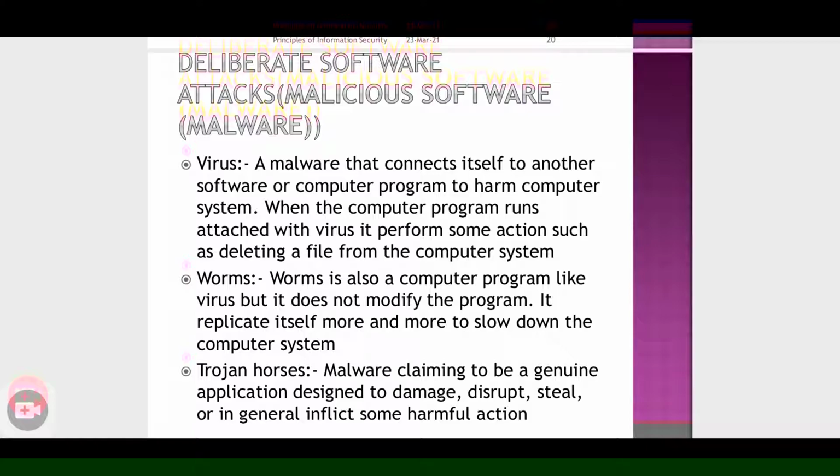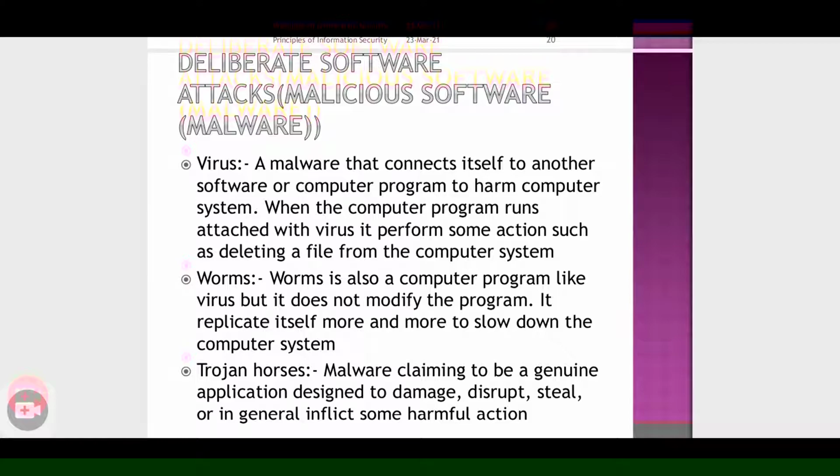And a worm is also a computer program like a virus, but it does not modify the program. It replicates itself more and more to slow down the computer system. A virus modifies the program, but the worms do not modify the program. And the Trojan horse is also a malware.